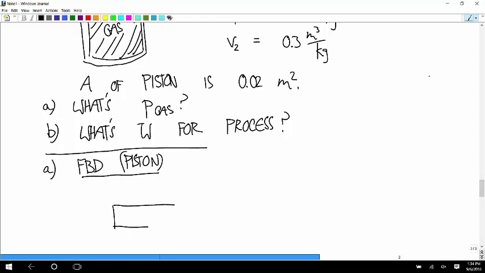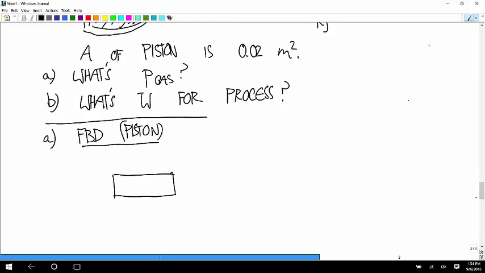So here it is from the side. So what's acting? Well, it's a big, heavy thing, so we're not going to want to ignore the weight. So the weight is 5 kilograms times 9.81, 49.05 newtons down.